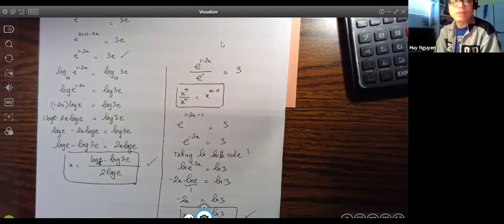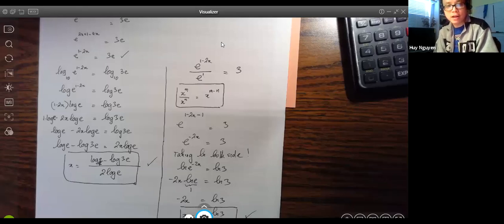Don't do it by routine. If you do it by routine, then you cannot see the logic. Don't ever think that, okay, because over here I'm taking log of both sides, you have to take log of both sides. No, don't ever think that. You can be flexible for yourself, but as long as you have good logic, your final answer is still good.